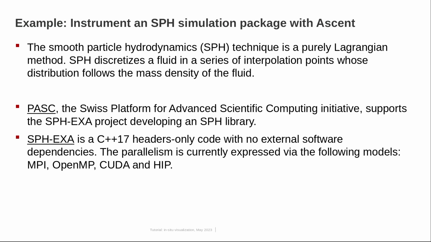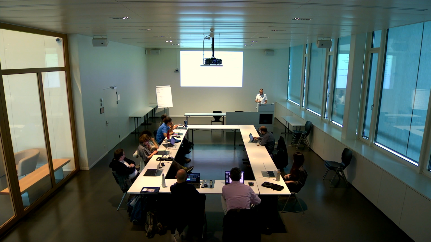PASC is a consortium in Switzerland which supports the development of multiple projects for high-performance computing, and SPH-EXA is co-developed here by CSCS, University of Basel, and are there other partners? Or just Zurich. And ETH Zurich, yes. SPH-EXA is one of those examples.